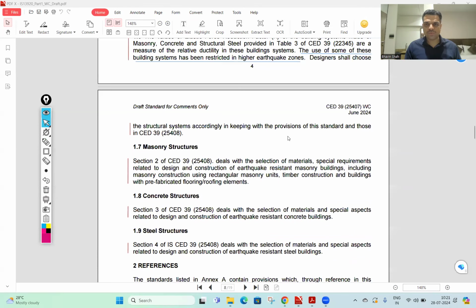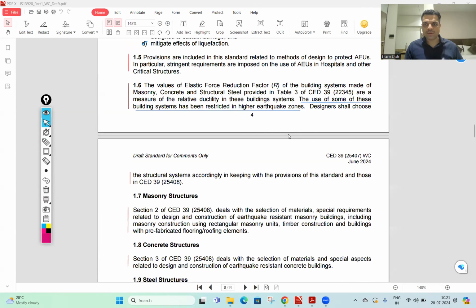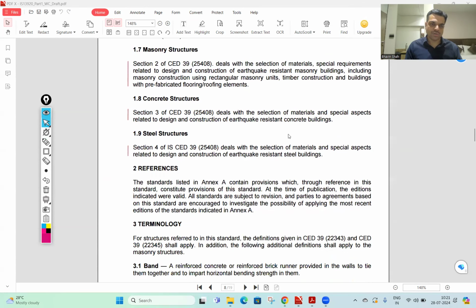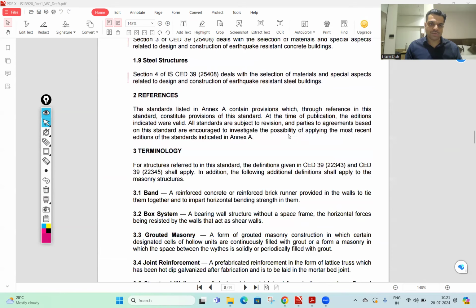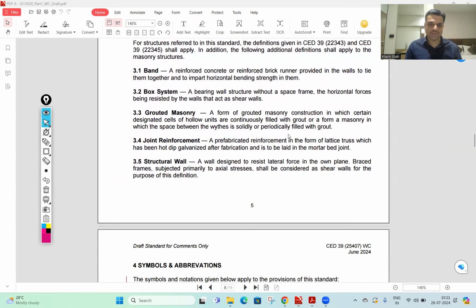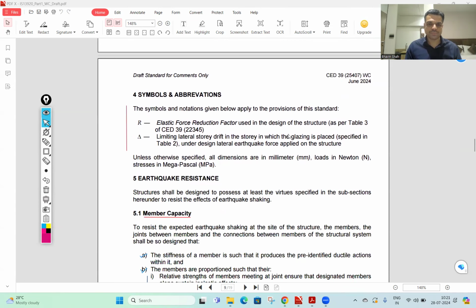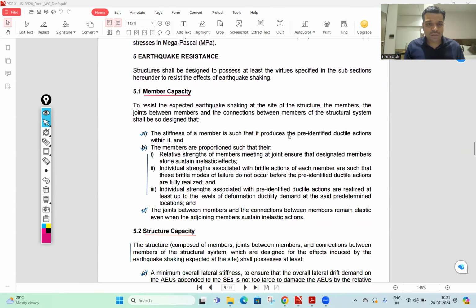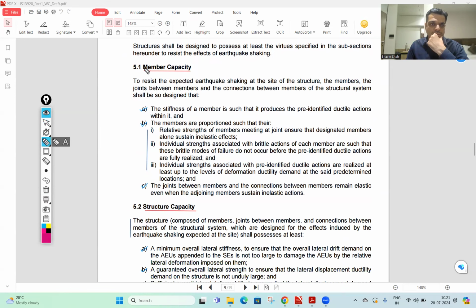So wherever you find a practical difficulty, you must write your observations on that particular structural system which is restricted in the standard. The member capacity is a new requirement which is added.